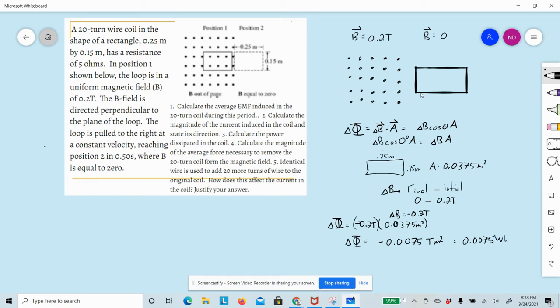That's the change in flux. They really don't want us to know about the delta flux. The first thing we have to know is EMF.